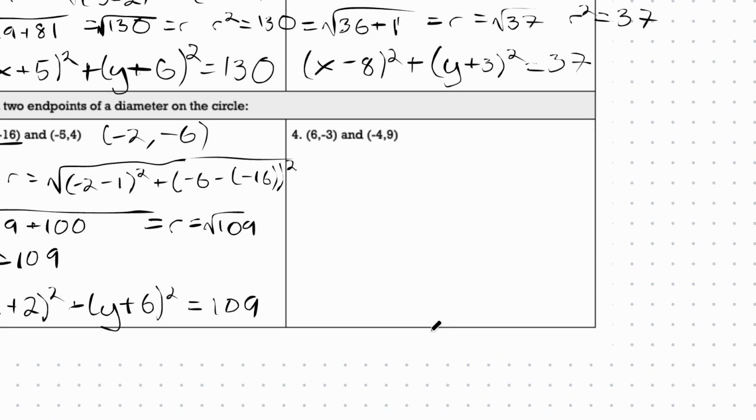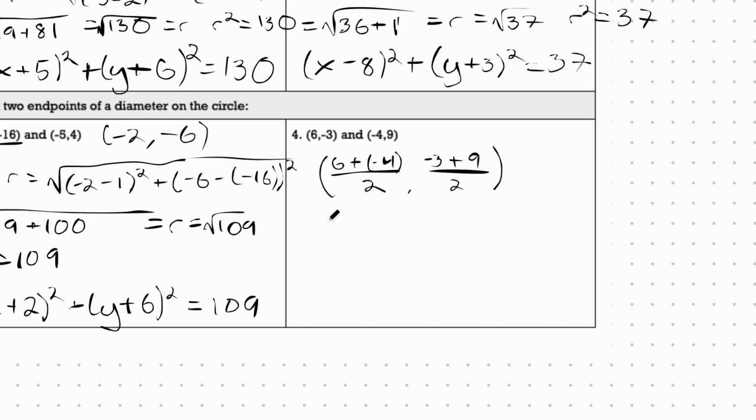Perfect. Okay, so last problem. Let's use the midpoint formula. For our x value, it's going to be (6 + -4) over 2. And then (-3 + 9) over 2.